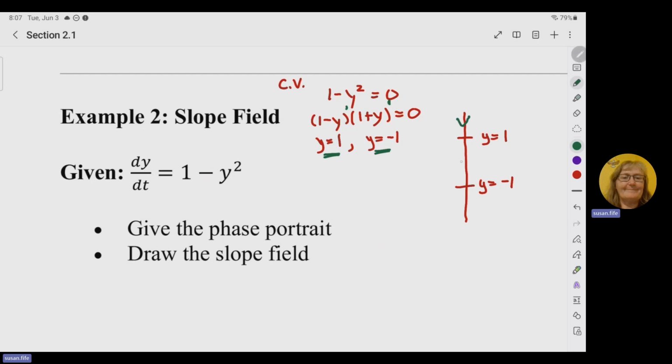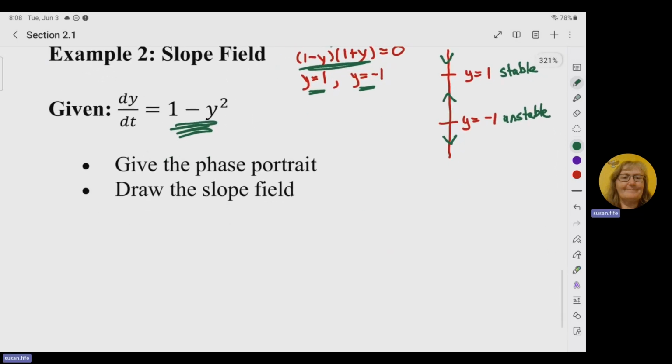So between -1 and 1, my slope will be positive. Below -1, my slope is negative. So here at y equals 1, the graph is stable because the arrows point towards y equals 1. And at y equals -1, the graph is unstable. I could have chosen numbers for each region and substituted them in either here or in the factored form and gotten the same results.